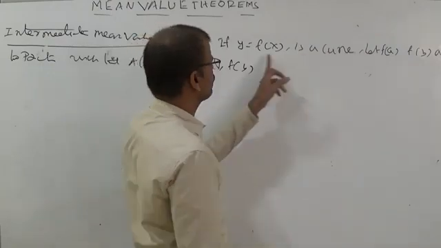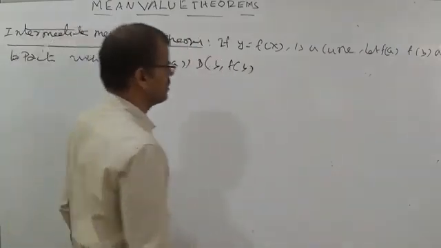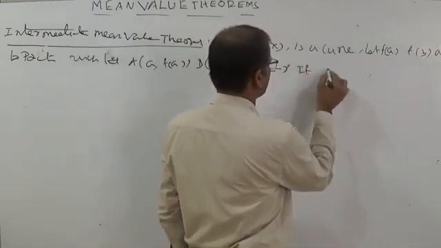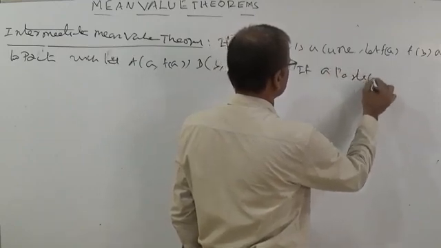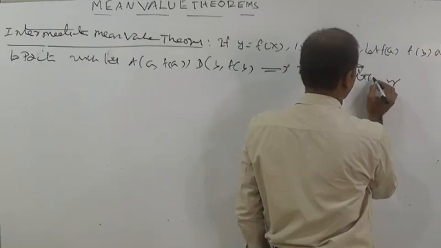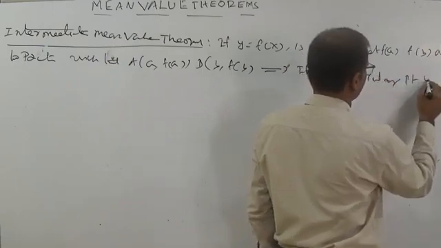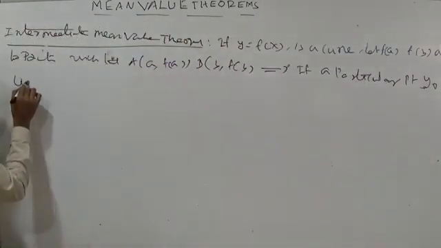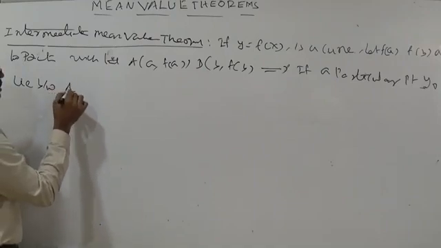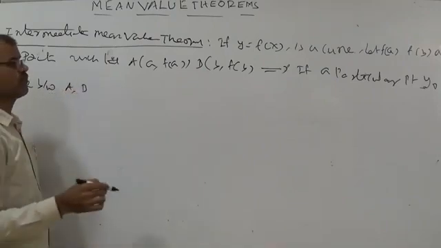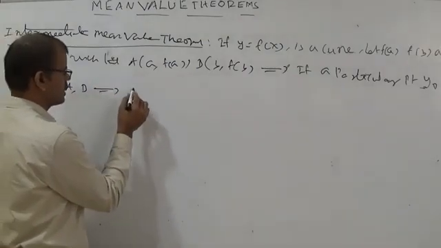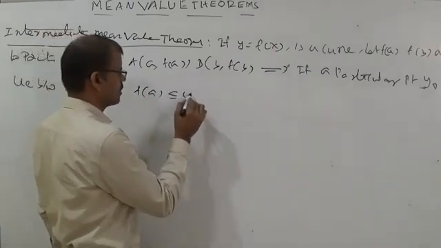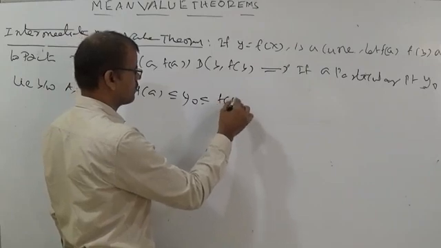I mean f of a and f of b depend upon capital A and capital B. That implies if a particular point y naught lies between f of a and f of b, here I am discussing y, the second one, not the first one: f of a is less than or equal to y naught, less than or equal to f of b.